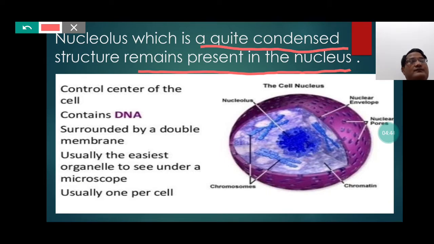So students, let's understand the concept of nucleolus with the help of this picture. Here you can notice an extremely highly condensed structure which remains present inside the nucleus, and that is called as nucleolus. So students, this nucleolus is a quite condensed structure which remains present inside the nucleus.